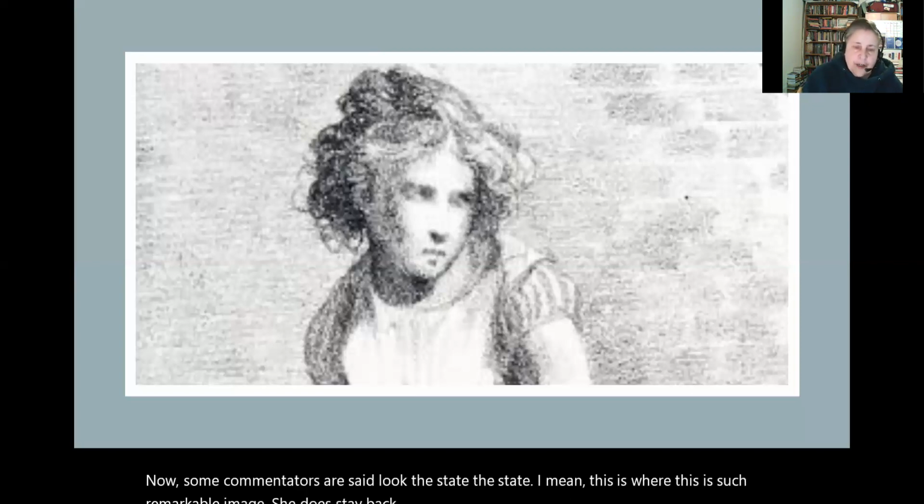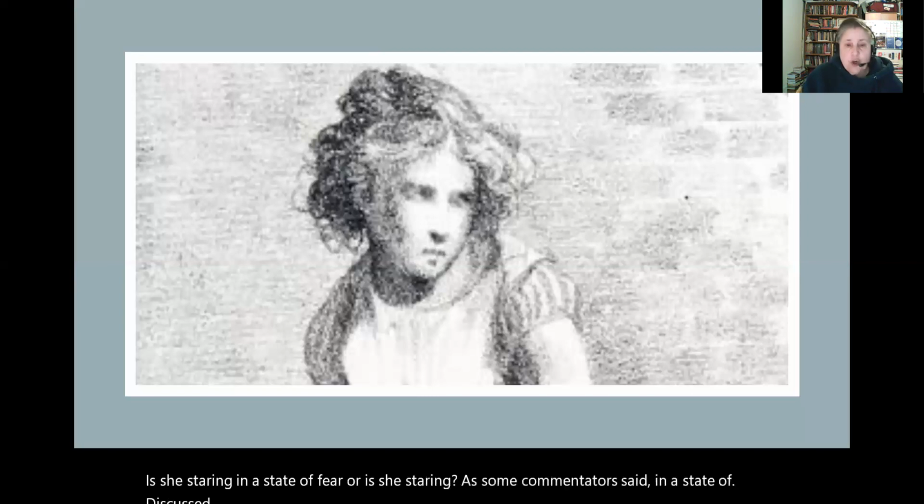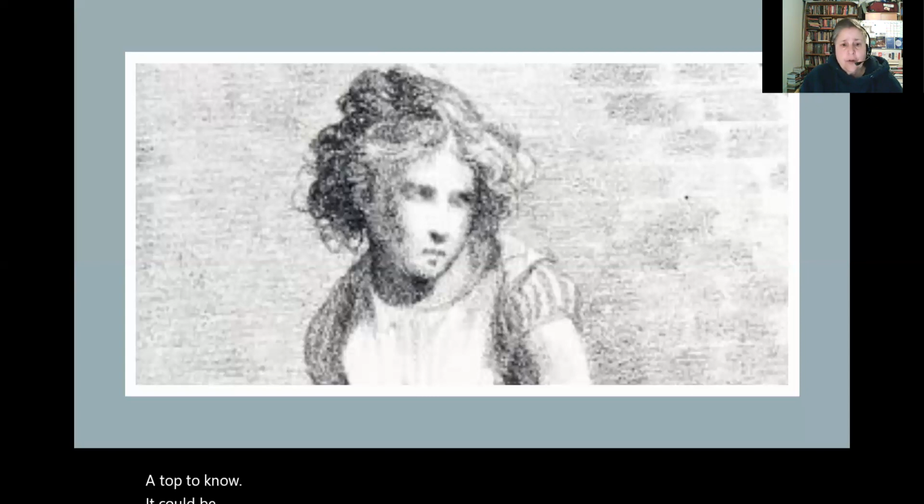Is she staring in a state of fear, or is she staring, as some commentators have said, in a state of disgust because she's disturbed by this disabled woman in a wheelchair? It's hard to know. It could be curiosity, as I have already said to you. Either way, you know, this is not an unfamiliar scene even these days.